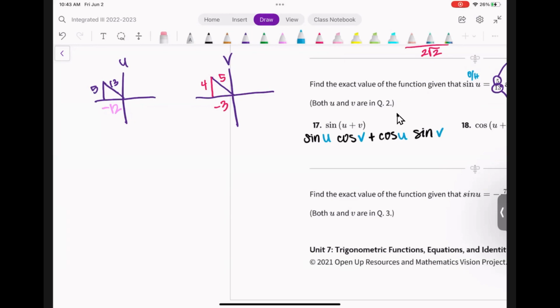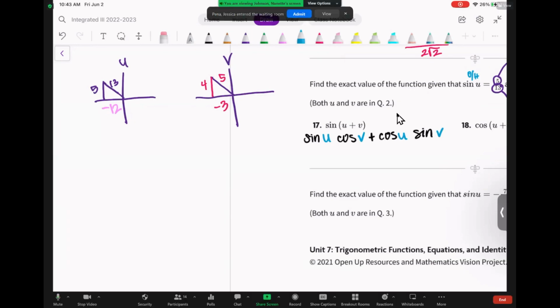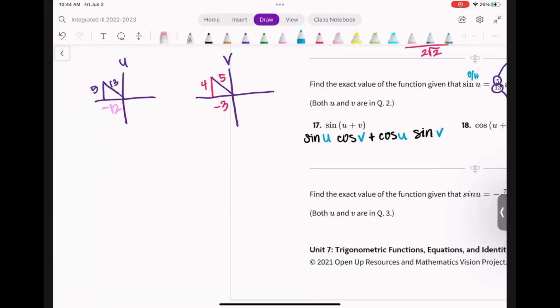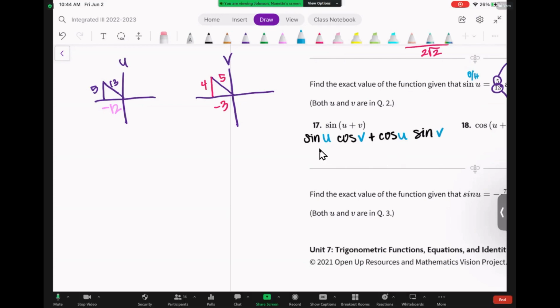The next step is I go up to my triangles and find the sine of u, and then the cosine of v. Sine of u and then cosine of v. Cosine of u and sine of v. Right? So now I'm going to go up to u and find the sine of u, which they gave me was 5 over 13.